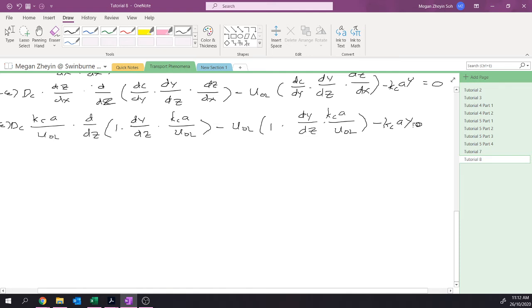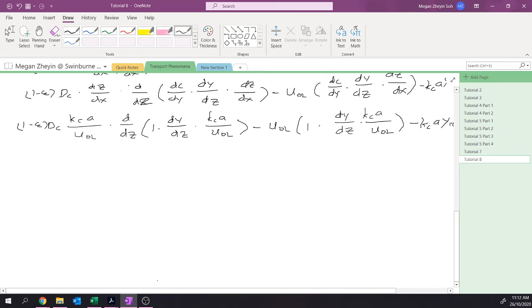Okay, then we can summarize everything. We can simplify the equation. So this one is taken out, because it's a constant and it's not a function of anything here.